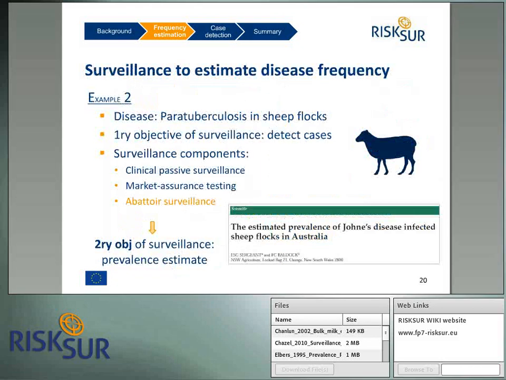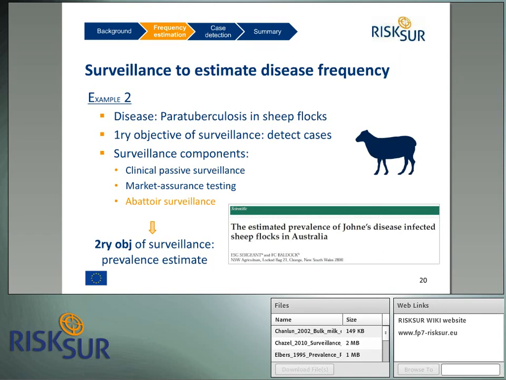There are other ways to estimate disease frequency from suboptimal sampling strategies. In this example, surveillance for paratuberculosis in sheep flocks was in place with the objective of detecting cases to allow disease control. The surveillance system consisted of several components, among which abattoir testing. The authors used the data generated from abattoir surveillance to estimate the prevalence of disease.